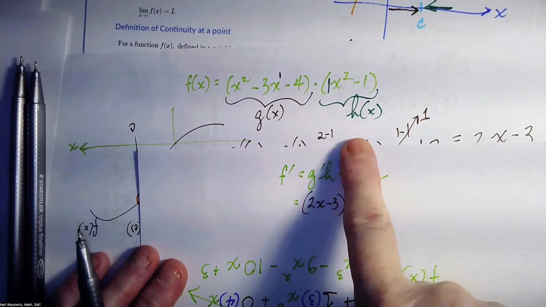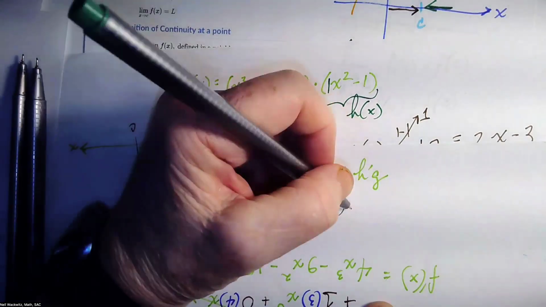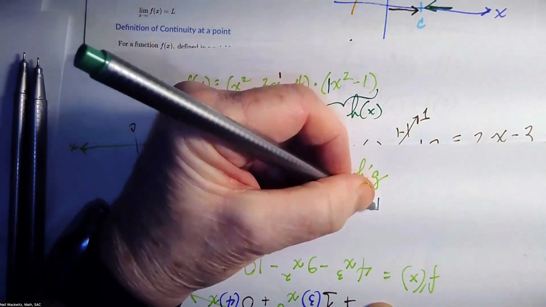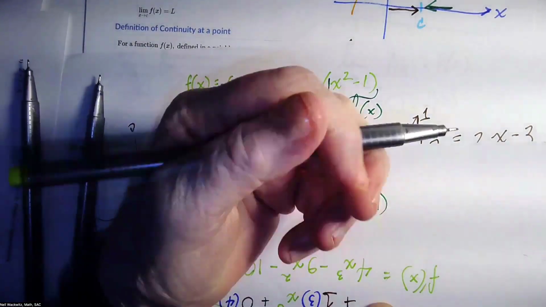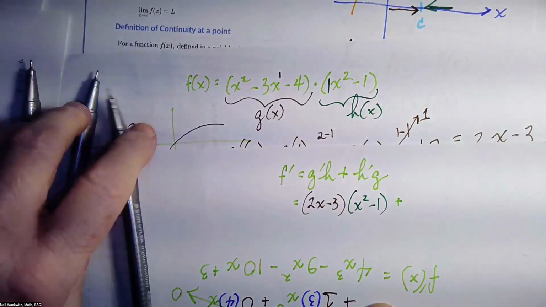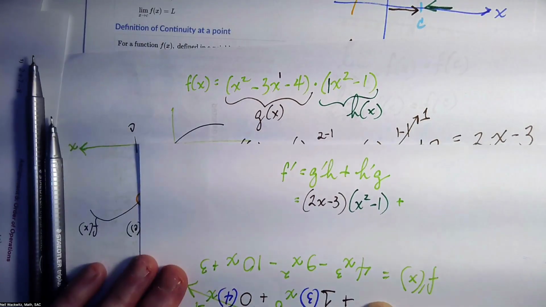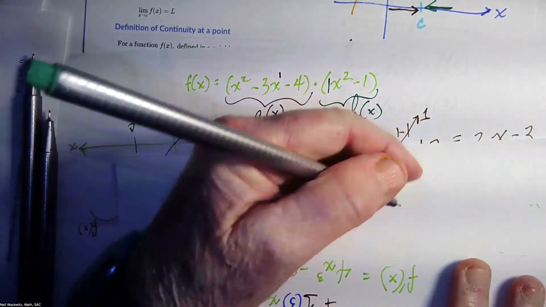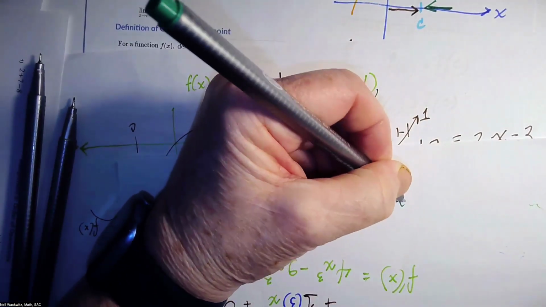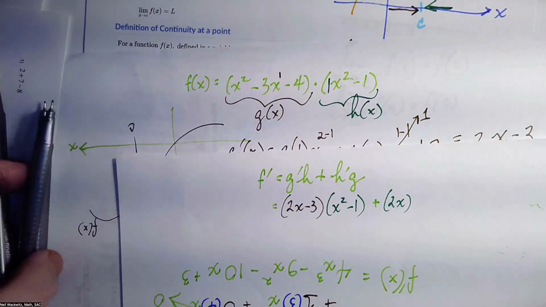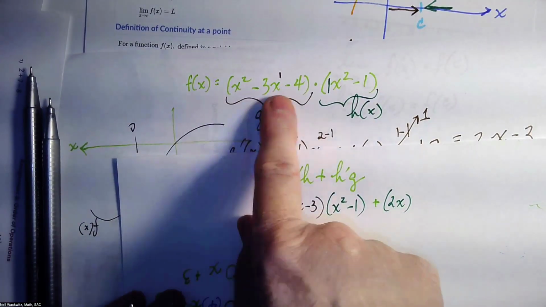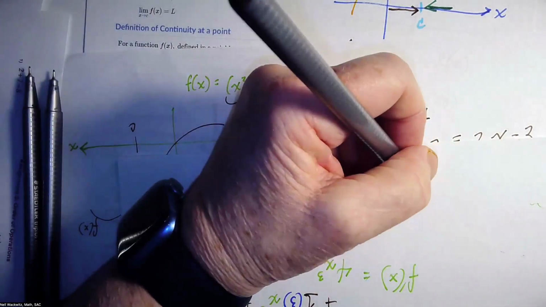H is x squared minus 1. H prime is 2x. And g is x squared minus 3x minus 4.